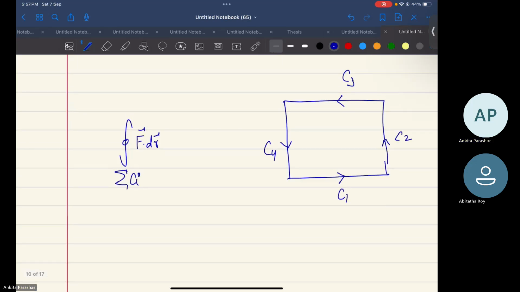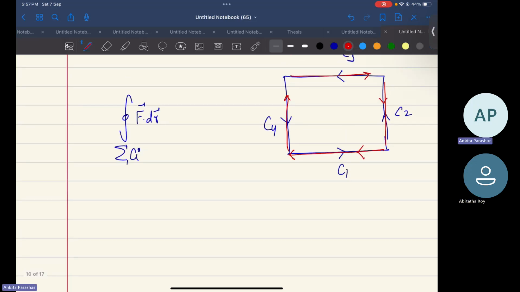If I start writing the parameterization in this direction, then go this direction, then this, and then come back, of course I can also trace my curve the other way. That other direction is, let's say, Ci prime, and the integration is over f dot dr, summing over Ci prime. Do you remember what was the relation between these two?